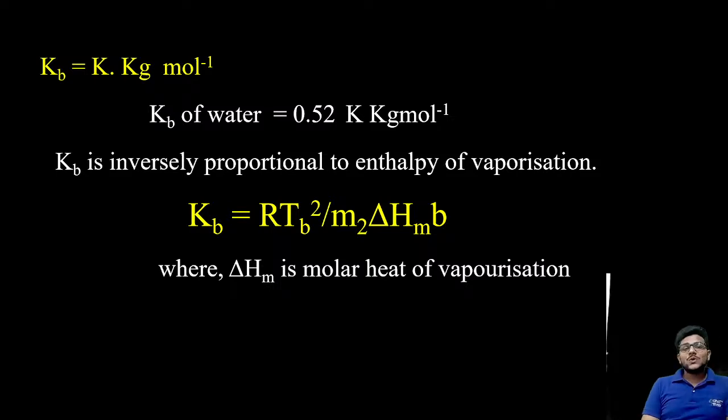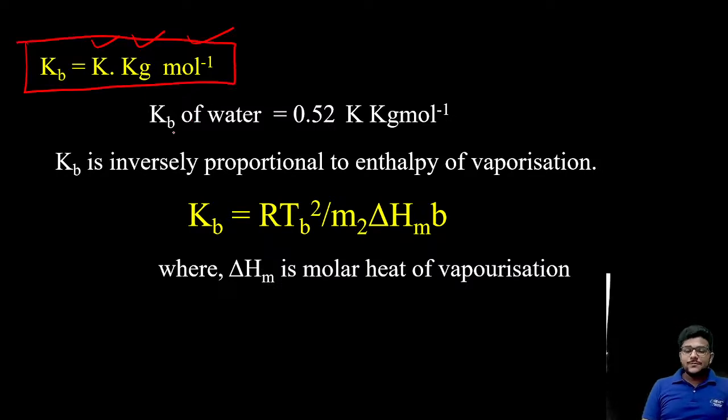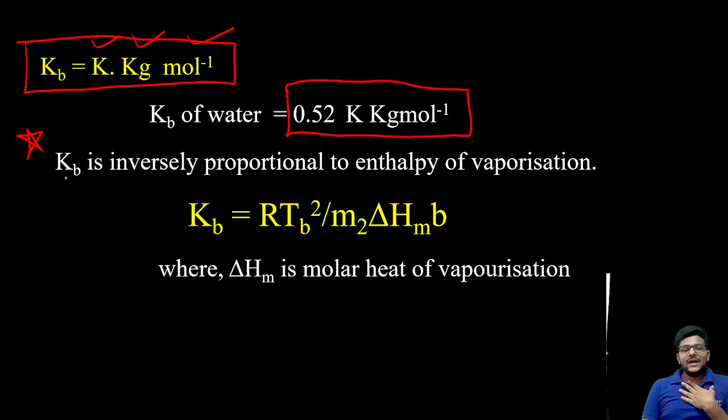The unit of the ebullioscopic constant is Kelvin kg mole inverse. The molal elevation constant of water is 0.52 Kelvin kg mole inverse. The ebullioscopic constant has an inverse relationship to the enthalpy of vaporization.